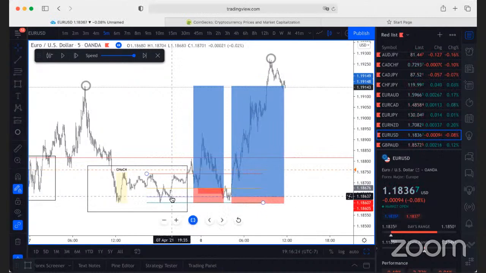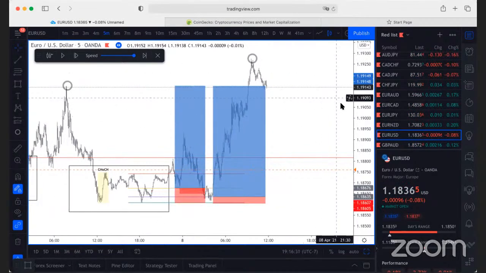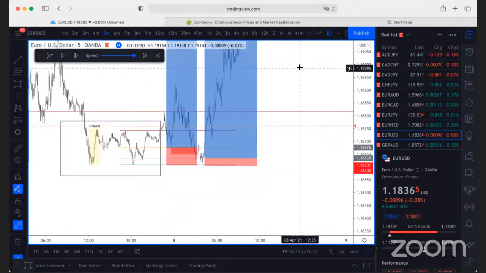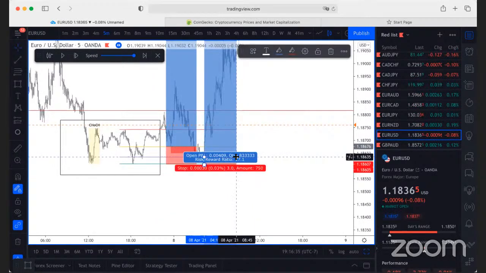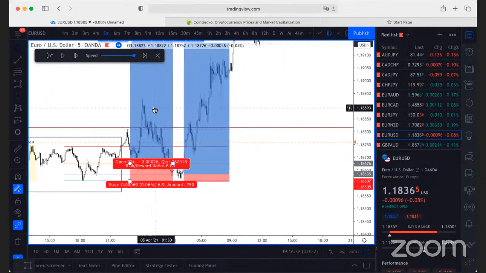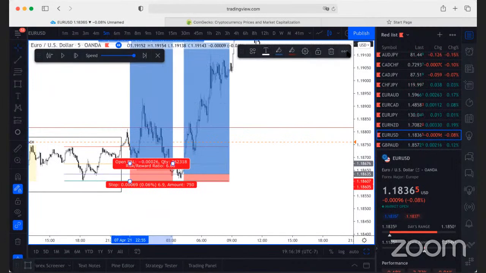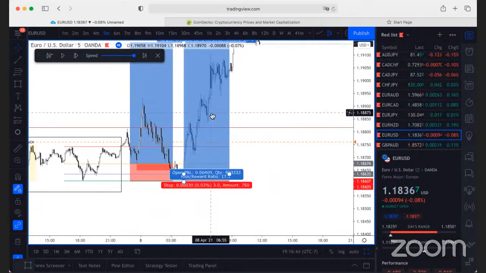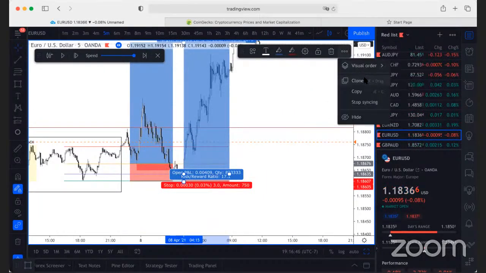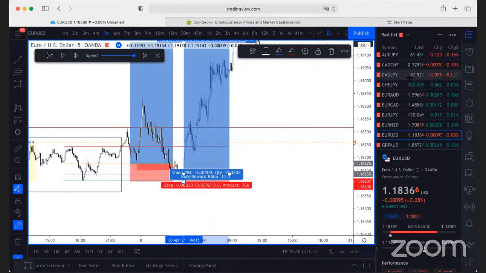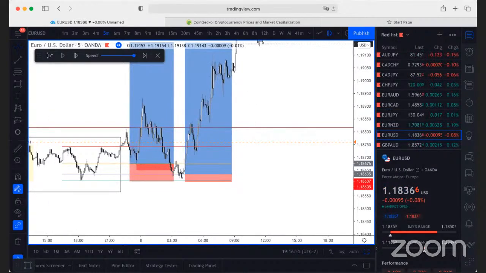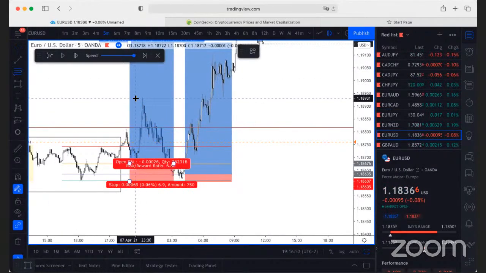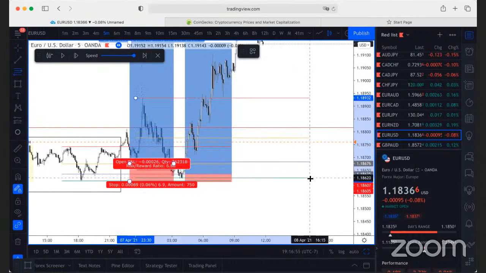So the lowest point is right here, but now keep in mind this price action mitigated out of here. So I'm going to be looking at this whole push down move. Let me send this to the back. Send to the back. All right. So we're going to be looking at this whole move right here, from the top to the bottom.